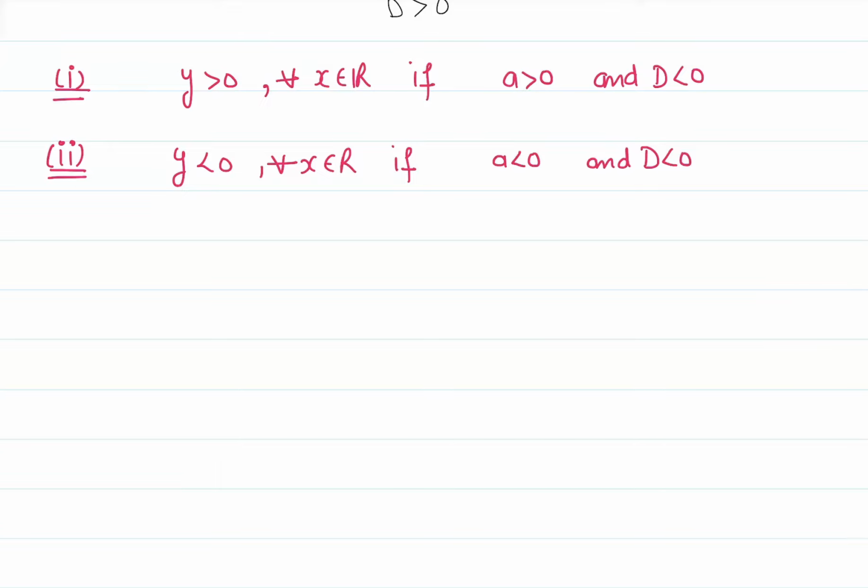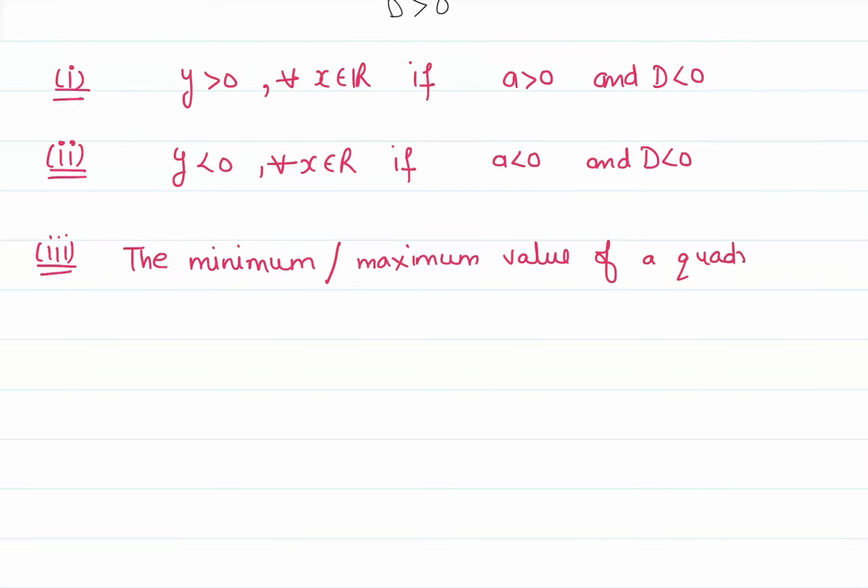Now third concept, the minimum or maximum value of a quadratic polynomial exists at the vertex.